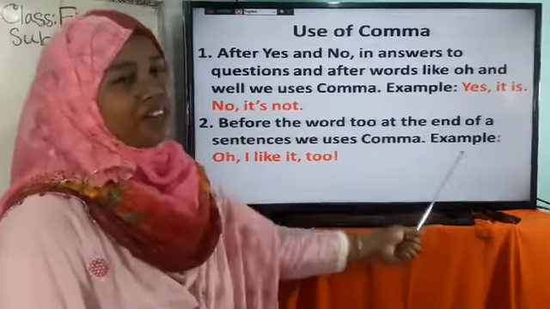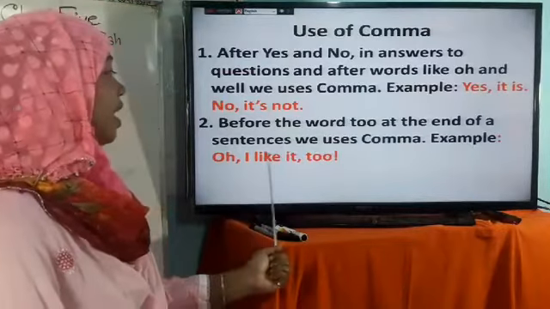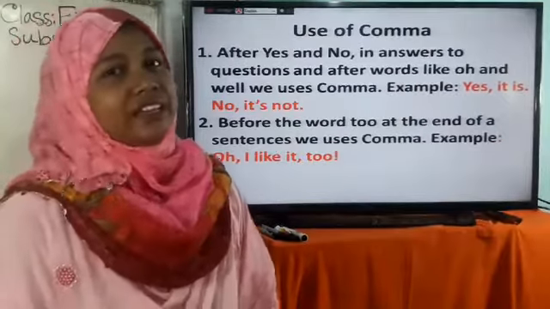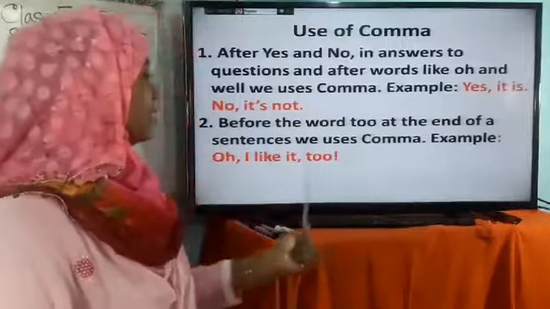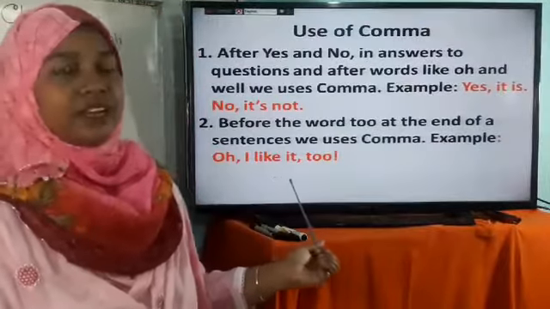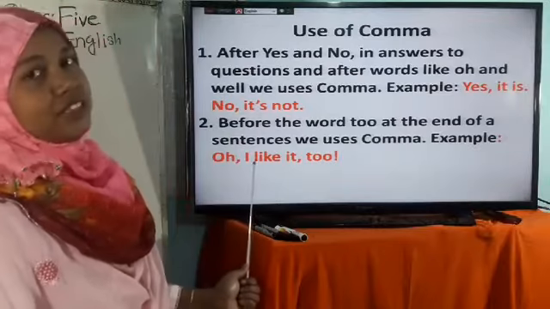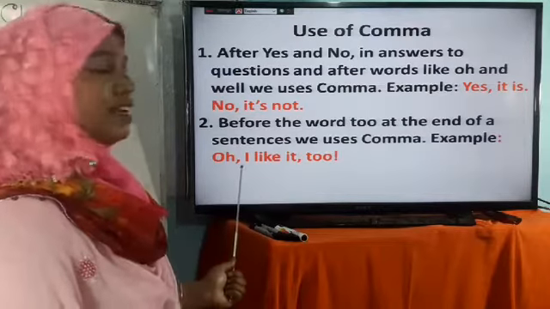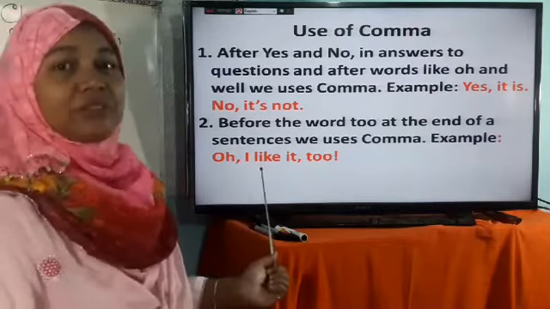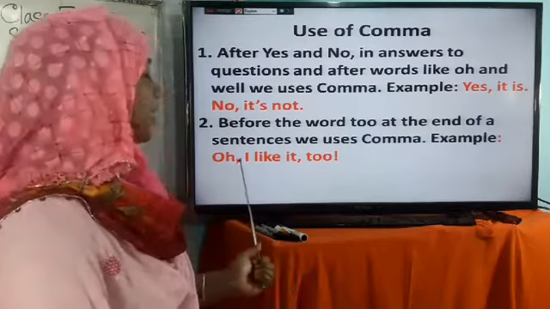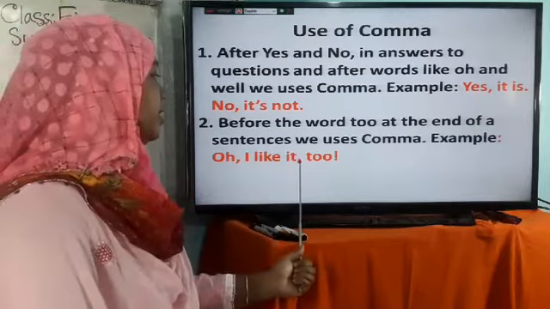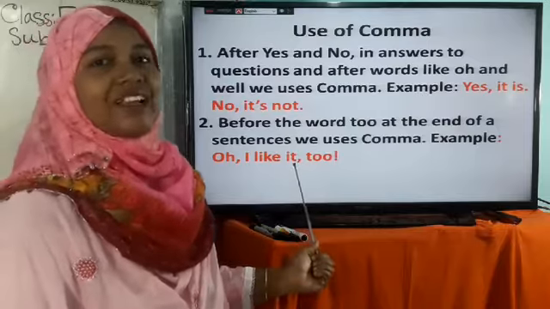Next, after the word oh at the beginning of a sentence we use a comma. For example, oh, I like it too. Dear students, look at this example. Look at the example. Here, after this word oh, there is a comma. After I like it, there is also a comma.